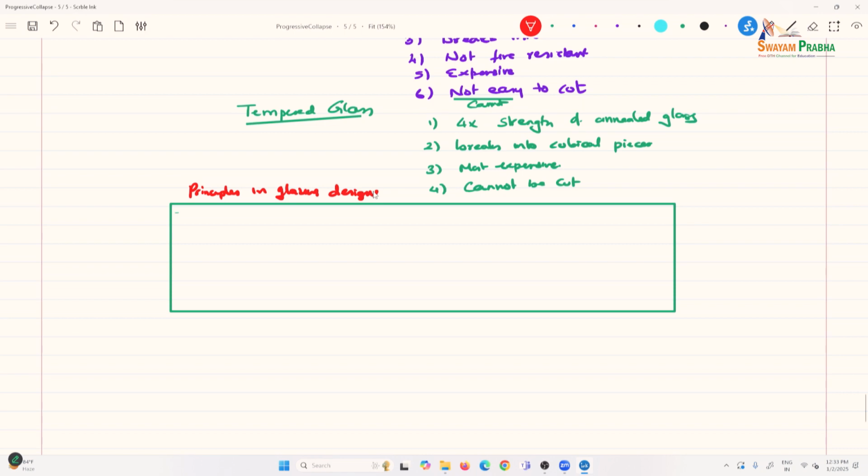We have done staircases for stadiums and things like that, so they do a lot of analysis. Glazing design is completely elastic behavior, so finite element analysis is the right approach predictive wise.